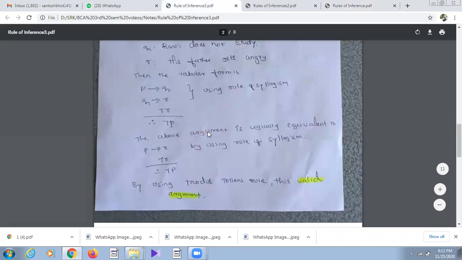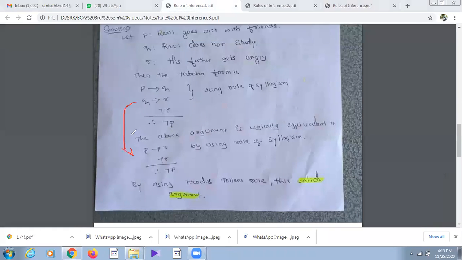So we rewrite this tabular form as P conditional R by using the rule of syllogism. Next, negation R as it is, and the conclusion negation P as it is.